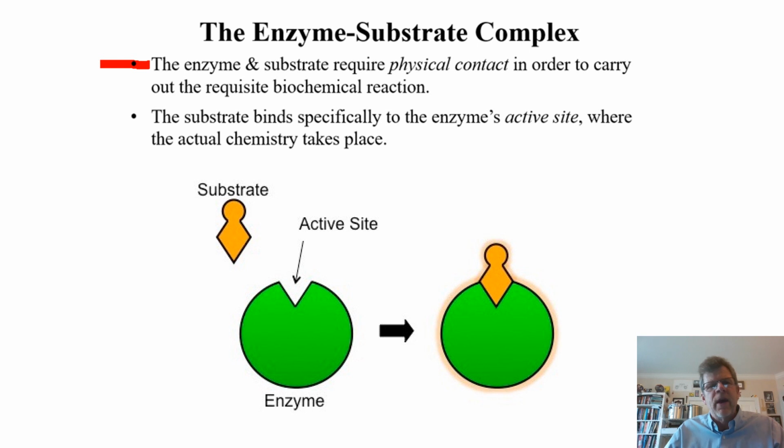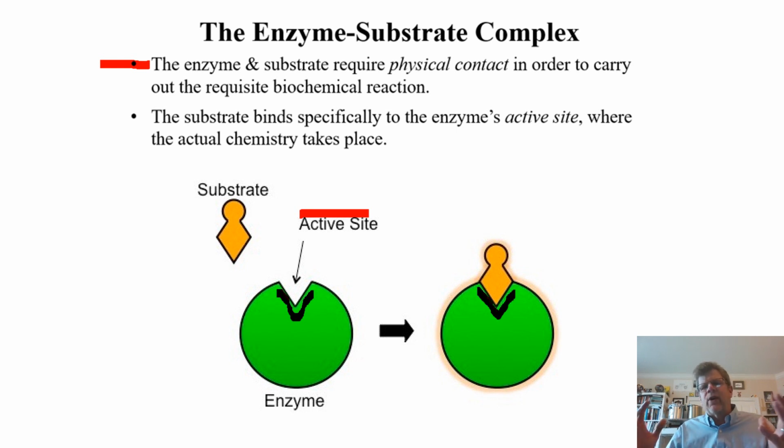It's much bigger. But where the action happens on the enzyme is in what is called the active site. The active site is a sort of indentation on a particular part of the enzyme in which the substrate fits very nicely.